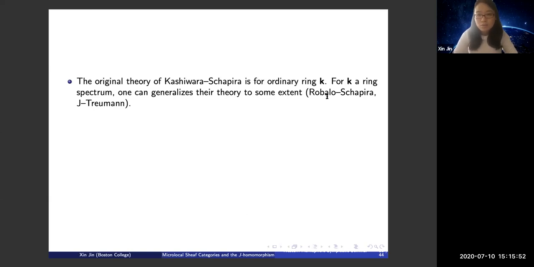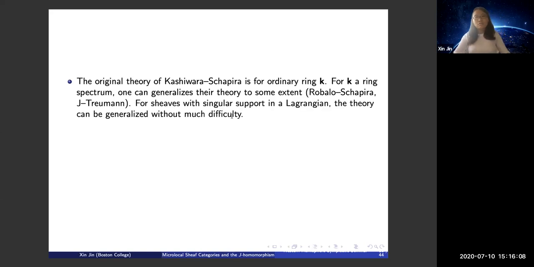For example, Schapira had some steps in this direction, and in previous joint work with Treumann, we tried to do something in this direction. I guess this is not completely done, but as our focus is just on sheaves with singular support in a Lagrangian, which is the easiest case, the theory can be generalized without much difficulty.